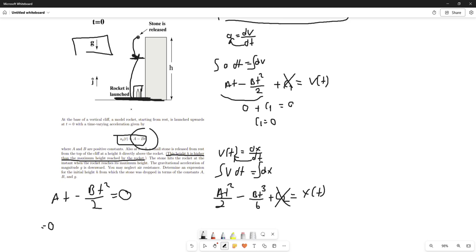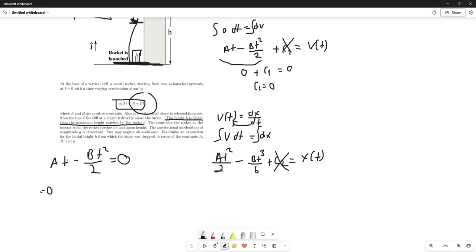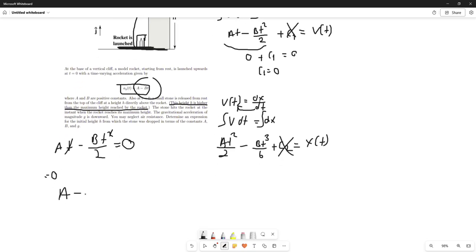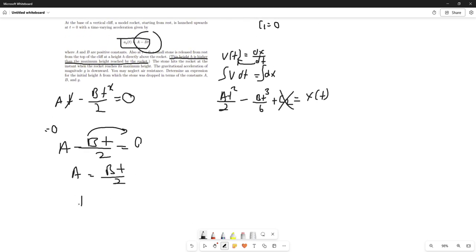We should find another option. So we can simplify this to a minus b t divided by 2 equals 0. We move this quantity to the right side: a equals b t divided by 2, and t equals 2a divided by b.